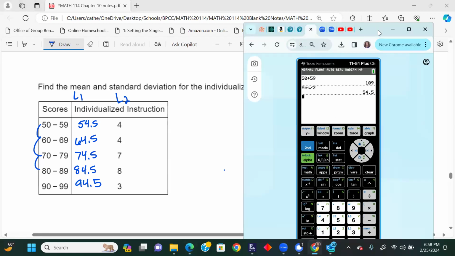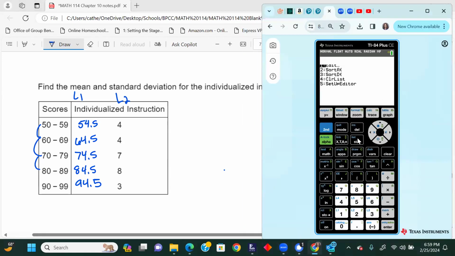Hit the calculator. Pull this back up. So stat, we're on edit. I want to clear both L1 and L2 out because I'm starting over.